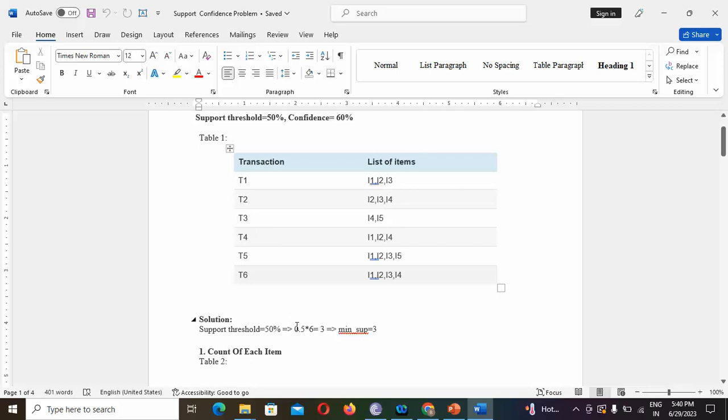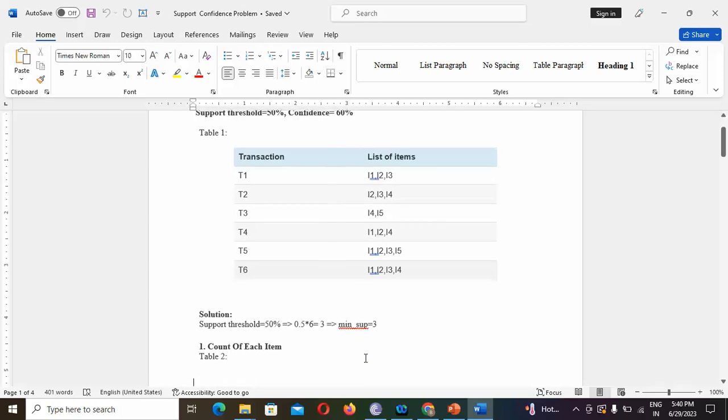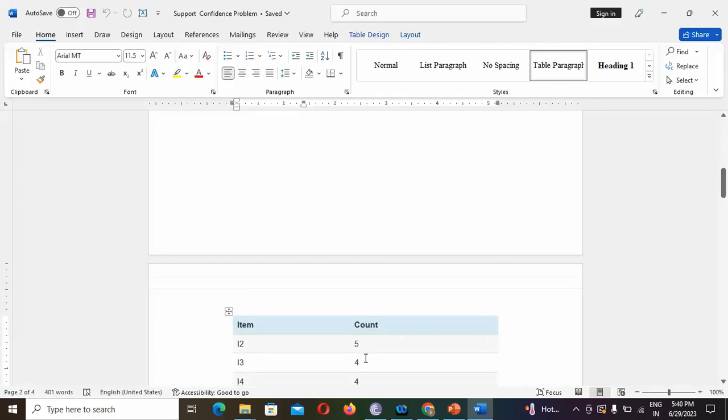There are 6 transactions, so the minimum support value is 3. Next, see the procedure.